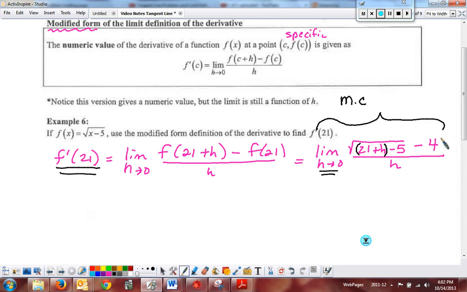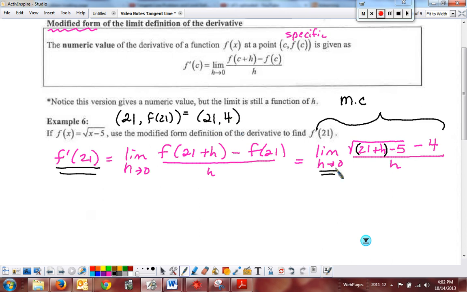This number that's here, once you decide what your f of x is and what your c value is of 21, then you should look at this and be able to say, well, is that f of 21? And you would plug that in and say, okay, I am basically looking for the point 21 and f of 21, which is my 21 and 4.